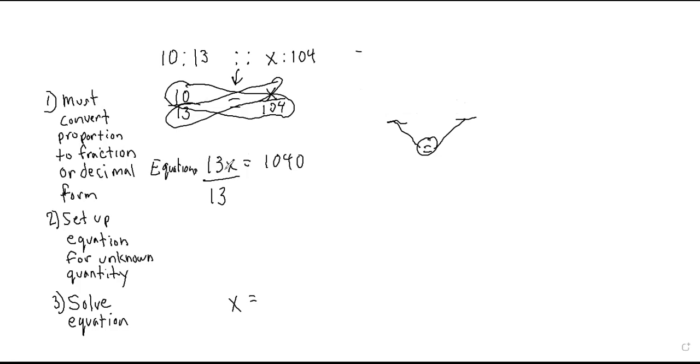So here, on this side of the equal sign, we divide by 13, so we have to do the identical operation on the other and divide the other side of the equal sign by 13 as well. And when we do that, we get 1040 divided by 13 equals 80, and 13x divided by 13, the 13s cancel out, we just end up with 1x or x. So this would be our answer.